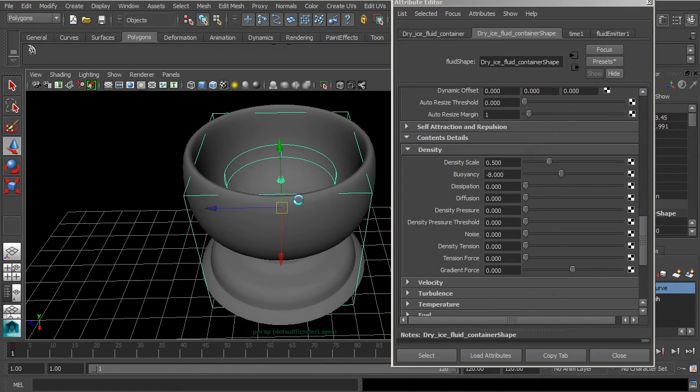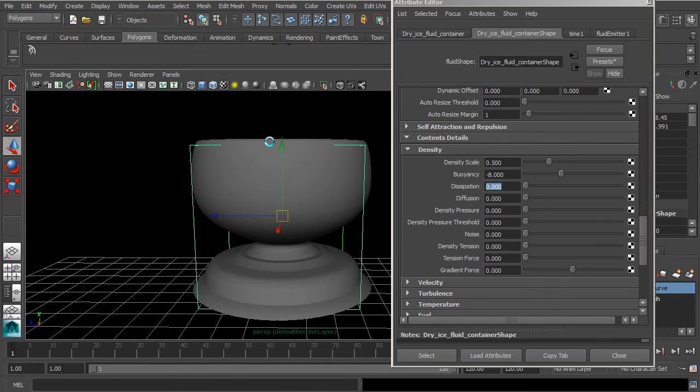Okay. Now, as the reaction starts producing, we don't want it to get finished with the passage of time. The dry ice should keep on sustaining itself. So for that, we'll go for the dissipation. We'd like to have fairly low values of the dissipation because I also want my fluids to pop out.